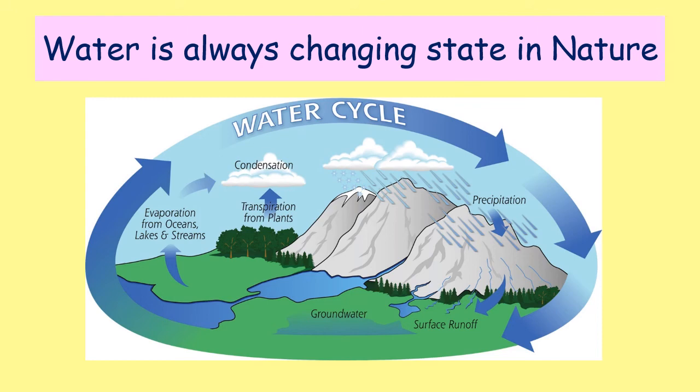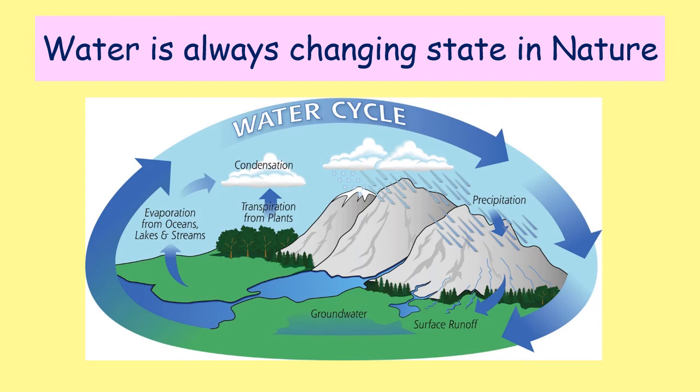Now that water, if it comes down in the form of water, we call that rain. However, if the clouds get really cold, the water will actually freeze. And the water will freeze and turn into ice or snow. And if the water falls back down to Earth as a solid, we call it hail, sleet, or snow.